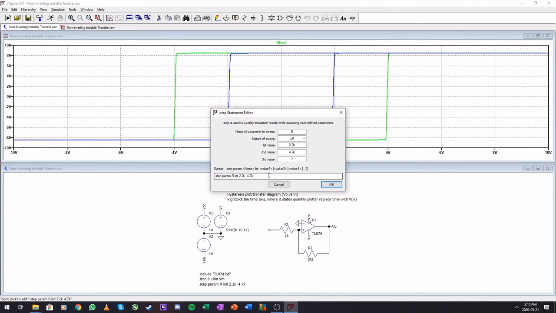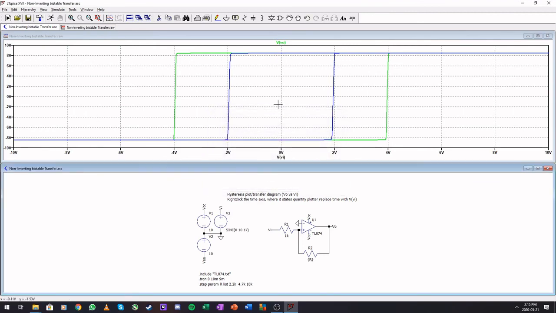So if we add a second one here, let's go with 10K, we will have a much smaller one there in the middle. There we go. So the larger you make this resistor, the narrower this trigger bandwidth will become.